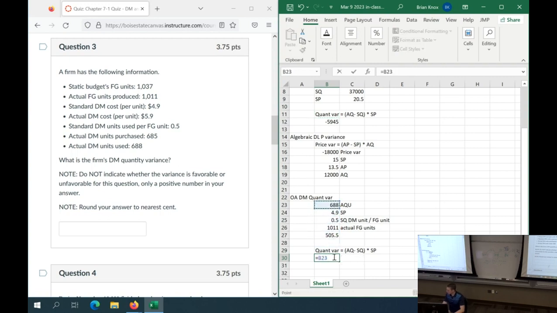We have actual quantity minus the standard quantity. I'll have to go back and put parentheses in. All times the standard price. So this should be our answer for this one here, if I've copied down everything right. Yeah, I grabbed the right actual quantity, got actual quantity used. I got the standard price, and I multiply by the actual finished goods units produced.